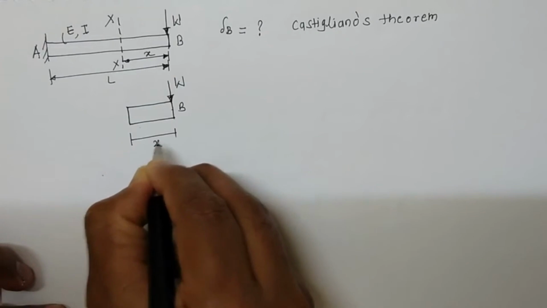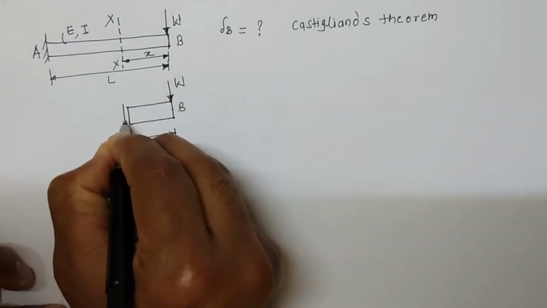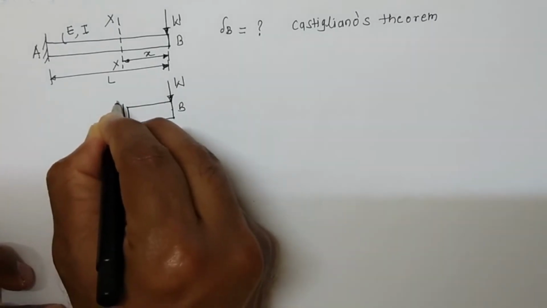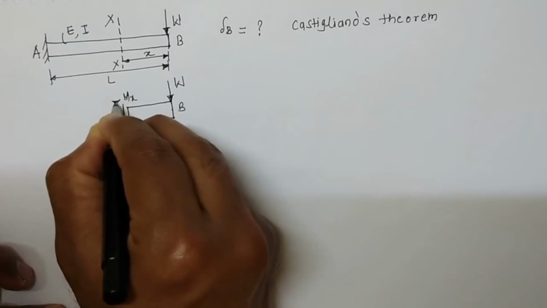This section has length X. Here is the shearing force Vx, and the bending moment is Mx.